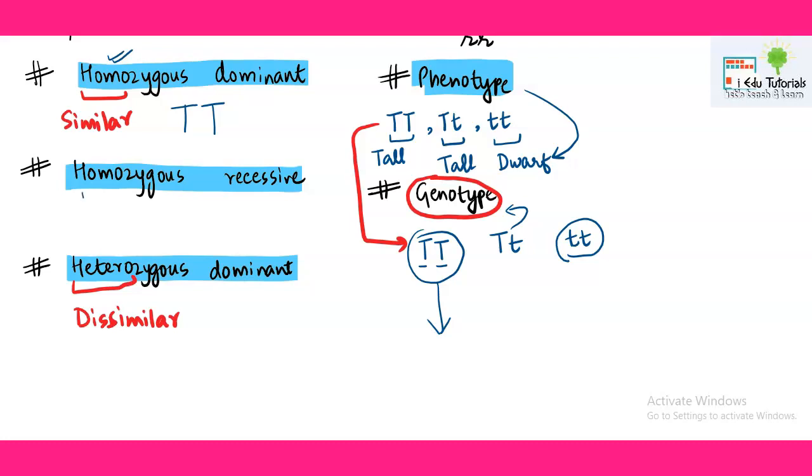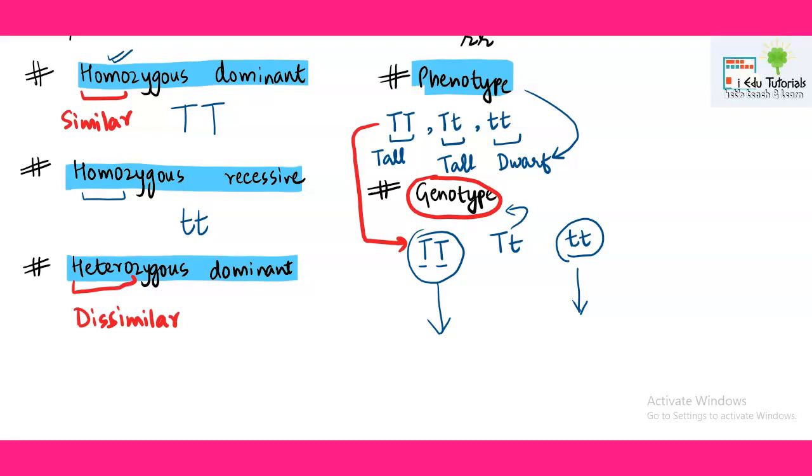Now, with homo in the zygote, the alleles will be similar to each other and they are going to be recessive. Again talking about plant height, the allele for the recessive is small t. So small t, small t can be known as homozygous recessive.